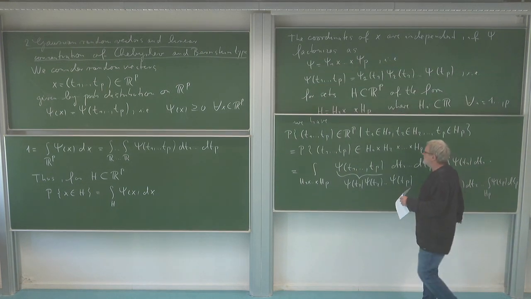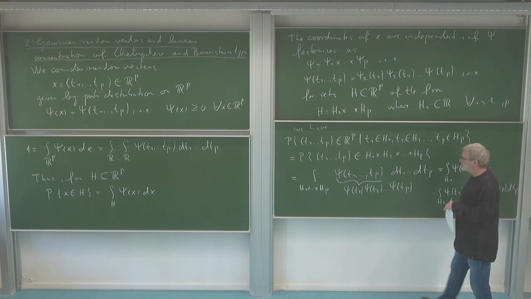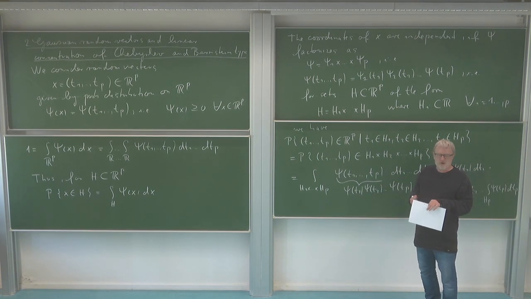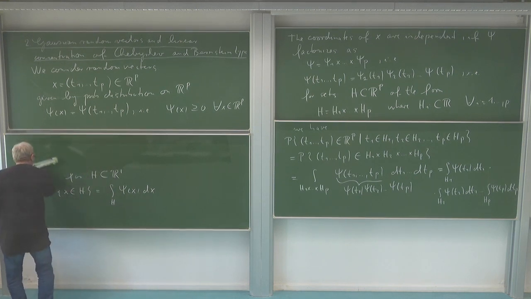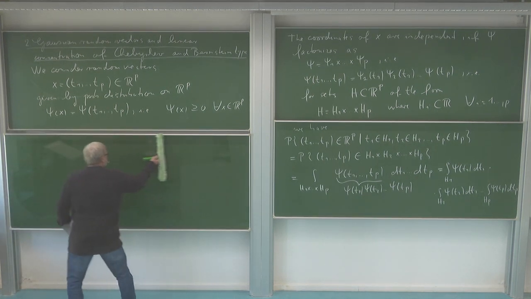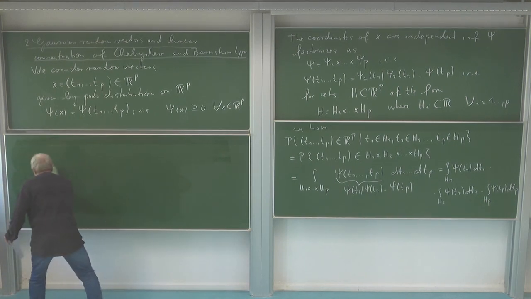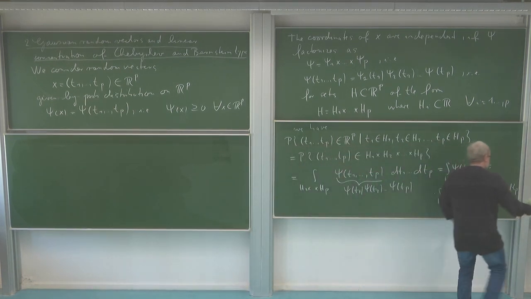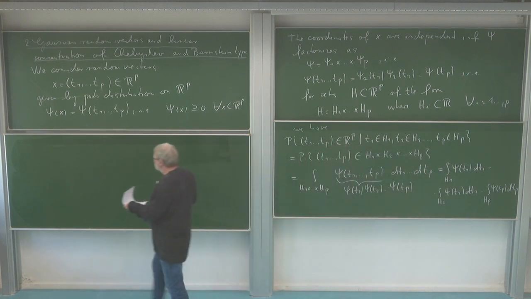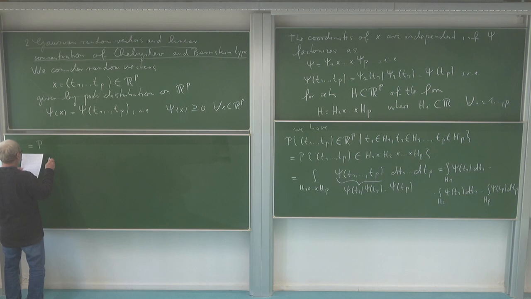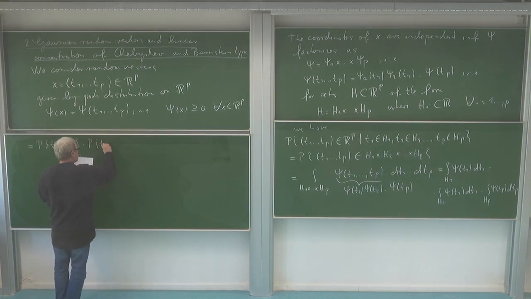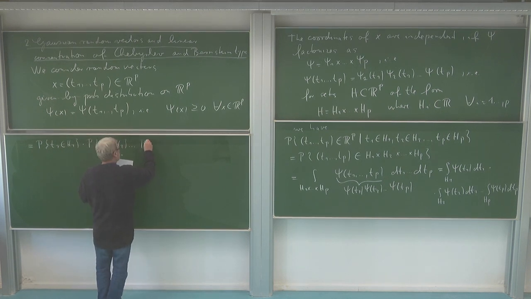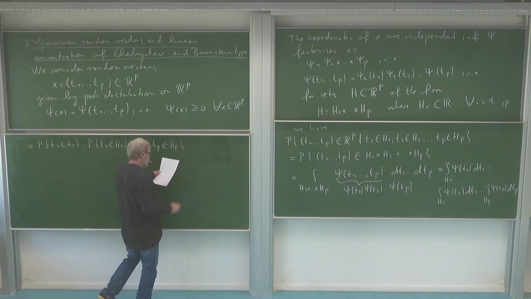So here we see what probably everybody has seen before, that the factorization of my density really means that probabilities of independent events also factorize. So this is the same as the product of the probabilities of events where I only make a statement about one of the components: the probability that t1 is in H1 times the probability that t2 is in H2 and so on, times the probability that tp is in Hp.